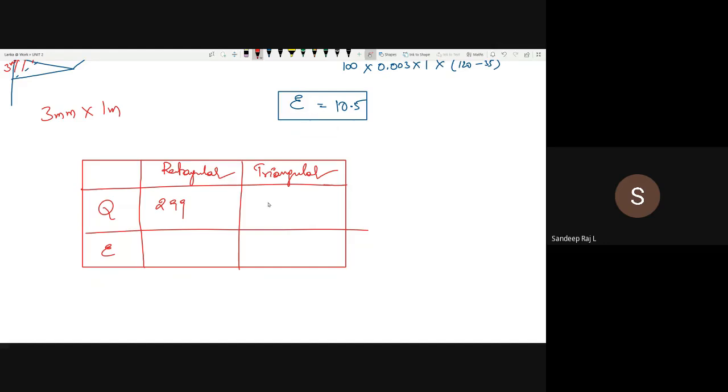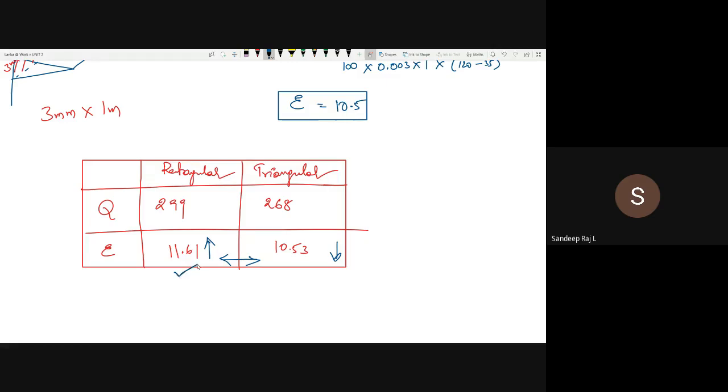Triangular, what is the value? 268. The effectiveness here is 11.61. Here it is 10.53. See, you compare these two now. The effectiveness is high here, here it is low. Based on effectiveness, if you have to choose your fin, you will obviously choose this one.